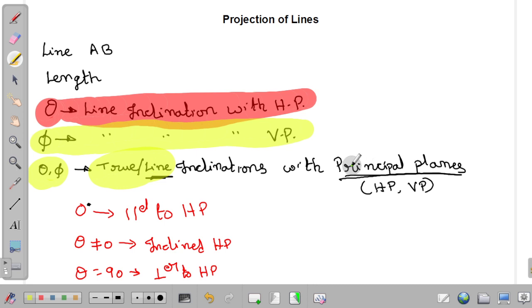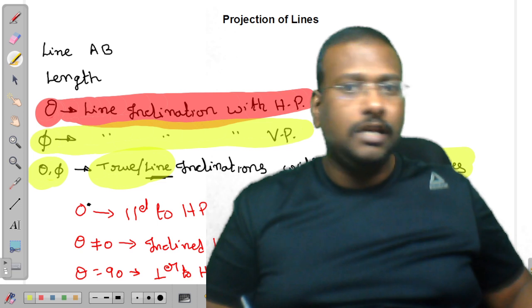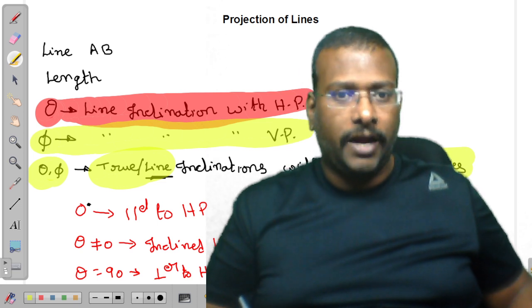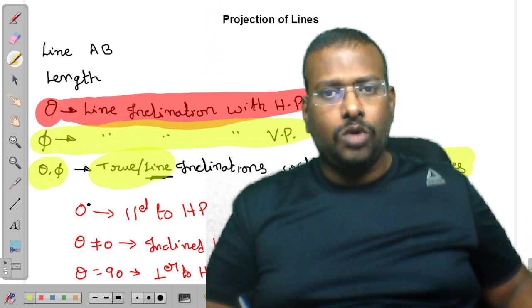Normally the true inclinations are always with the principal planes, that is HP, VP. Whenever the line inclination is given with HP, it is theta. When the line inclination with VP is given, it is phi. So these two are known.